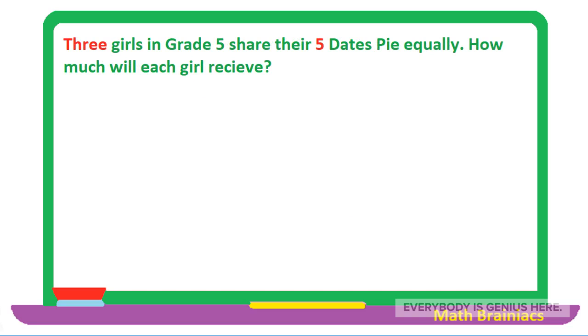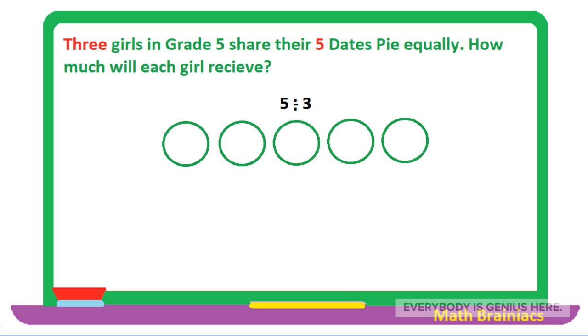Let us work on another example so that you will understand it well. 3 girls in grade 5 share their 5 dates pie equally. How much will each girl receive? We are going to divide the 5 dates pie into 3 girls equally. So, we're going to divide 5 by 3.